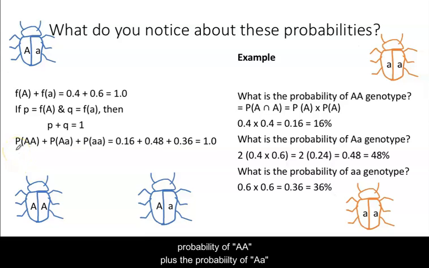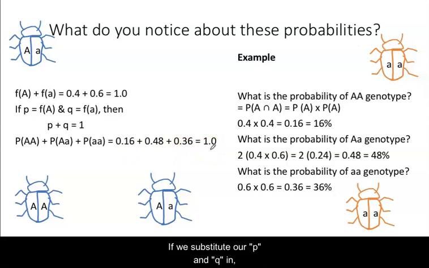And the probability of big A big A plus the probability of big A little a plus the probability of little a little a, which is the same as saying the frequency of big A big A plus the frequency of big A little a plus the frequency of little a little a, is 0.16 plus 0.48 plus 0.36, which equals 1.